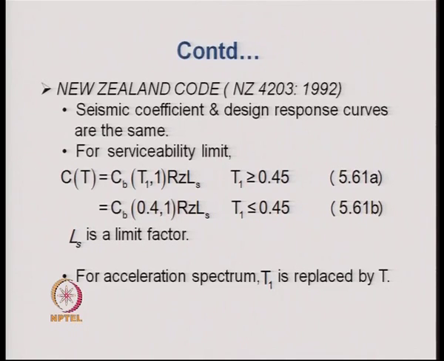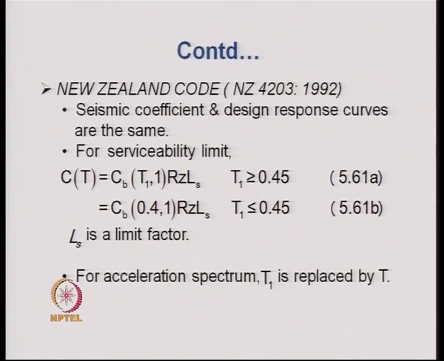Now, T1, mu 1 means that the period, and mu equal to 1 is a condition where the system or the structure remains in the elastic range, and that is why it is called a serviceability limit condition.